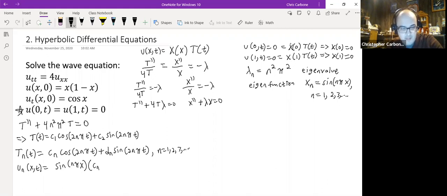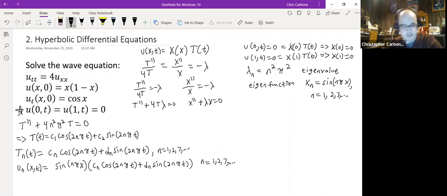So c sub n times cosine of 2n pi t plus d sub n times sine of 2n pi t. Again, n is 1, 2, 3, and so on.